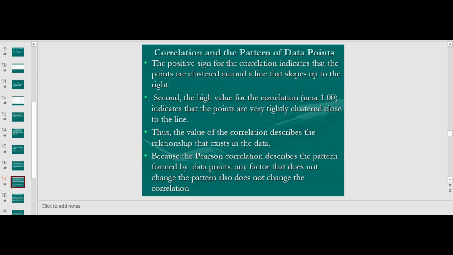We see how the pattern of data points is on the scatter plot.